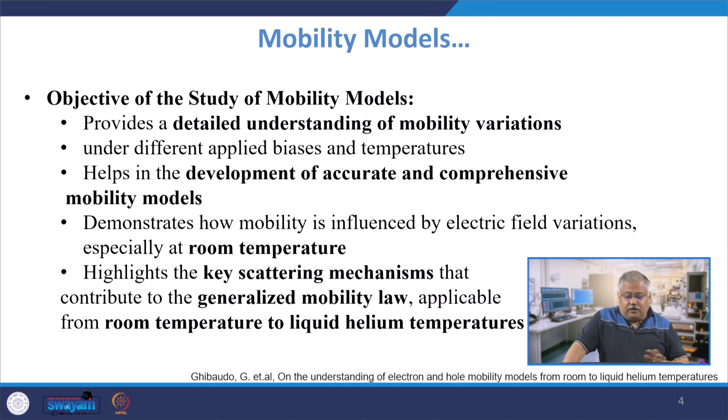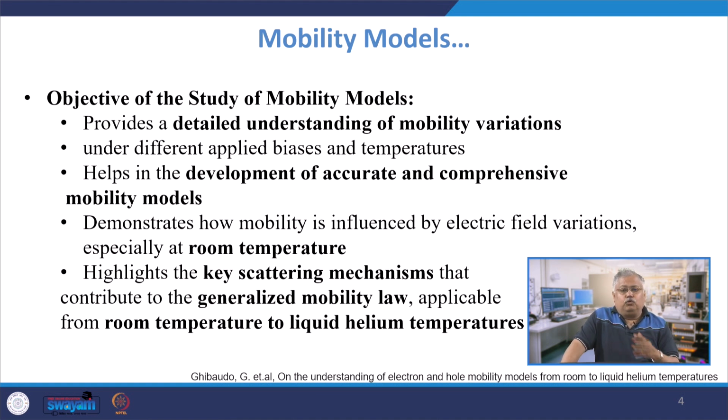So the objective of studying mobility models is that it provides a basic understanding of the variation of mobility with bias in a structure. Especially with cryogenics, we are not only interested in the bias aspects, which means what value of drain voltage, source voltage, gate voltage you are applying, but we are also looking at the ambient temperature at which these models are working.